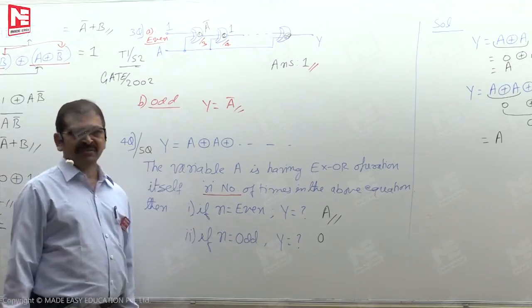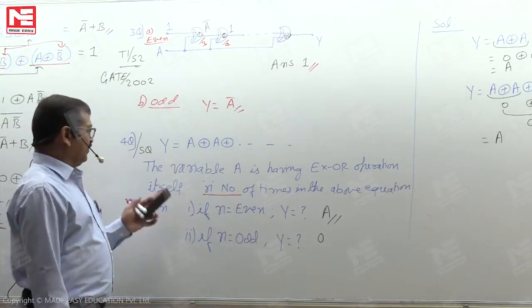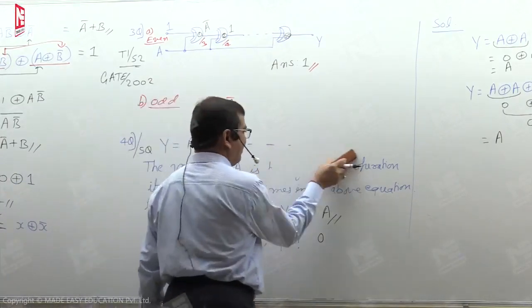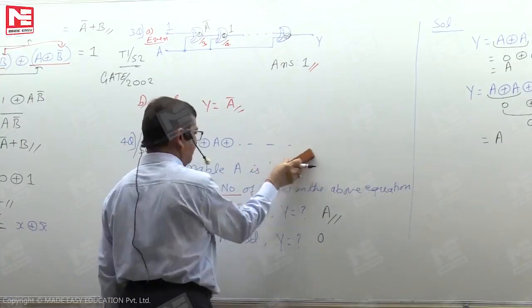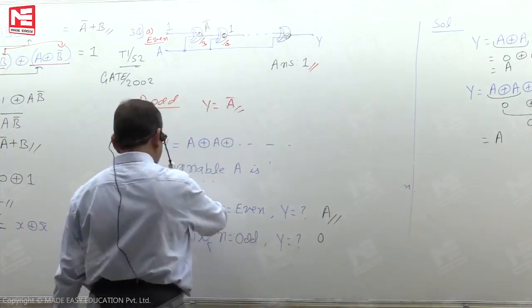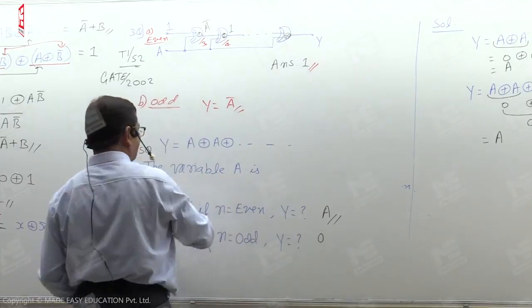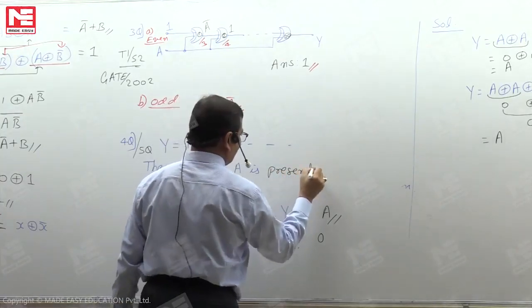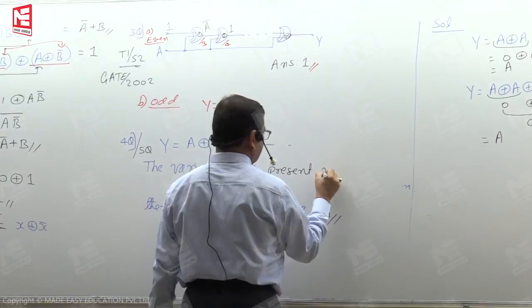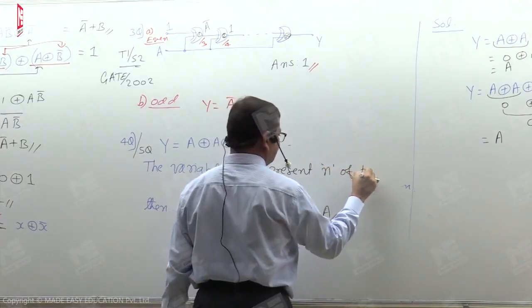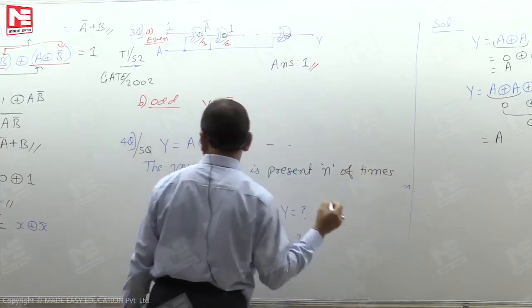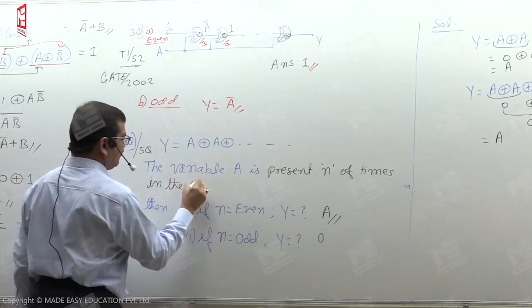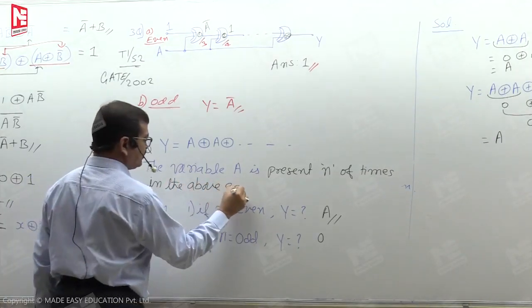I am taking the statement as: the variable A is present n number of times in the above equation.